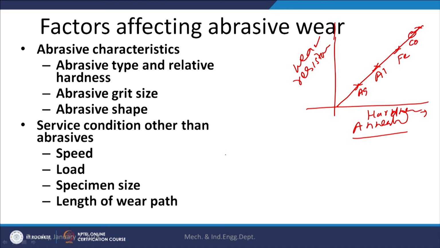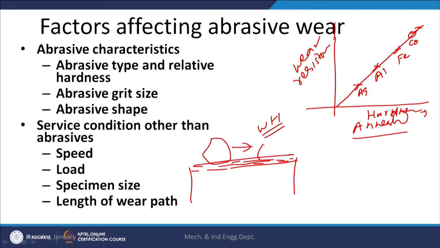But we know that whenever any material is subjected to surface layer deformation, either during adhesive wear or during abrasive wear, due to the effect of abrasive particles moving under the external load, the surface layer deformation will lead to a work hardening effect.